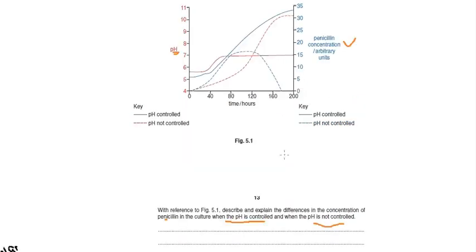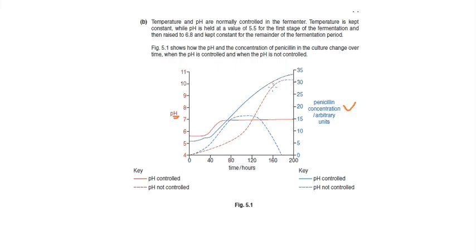But we are supposed to describe and explain the difference in the concentration of penicillin when pH is controlled and not controlled. I guess it's the same diagram. This is just showing the pH, and this one shows the concentration.